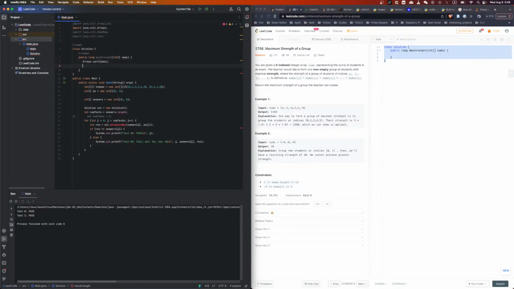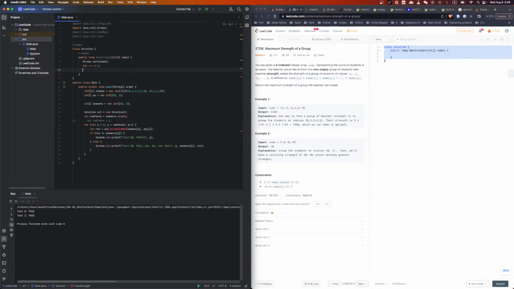Okay, so we can say int result equal to 1. And I mean, if it's all 0, then, right? If it's all 0, can we do it in one pass, basically? That's what I'm thinking. Can we do one pass?